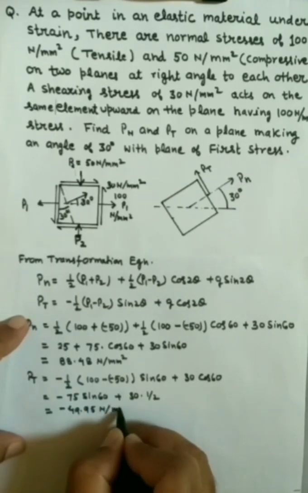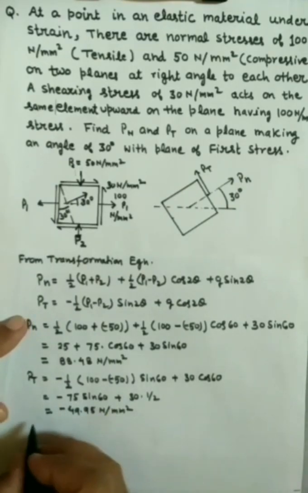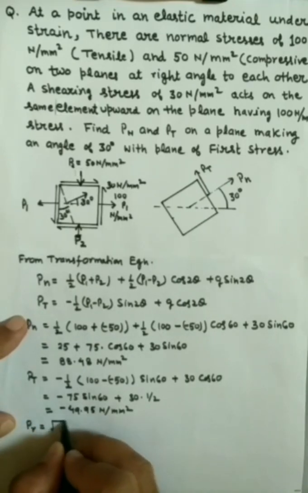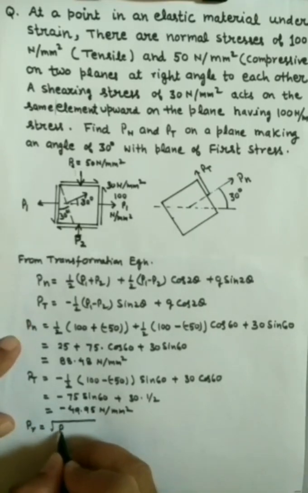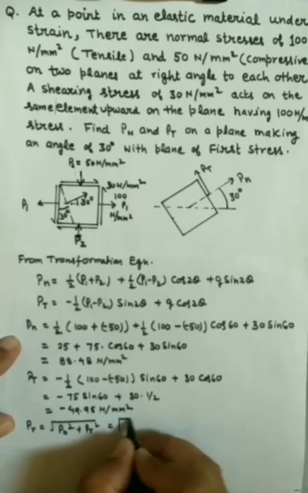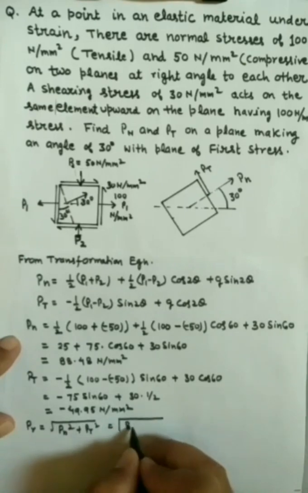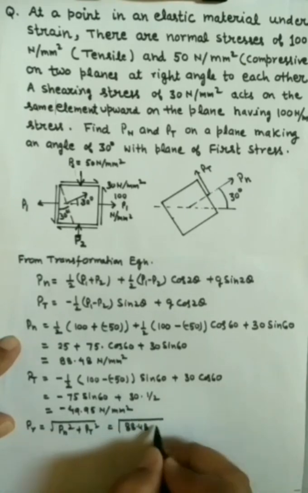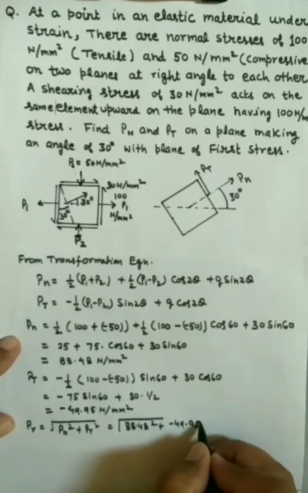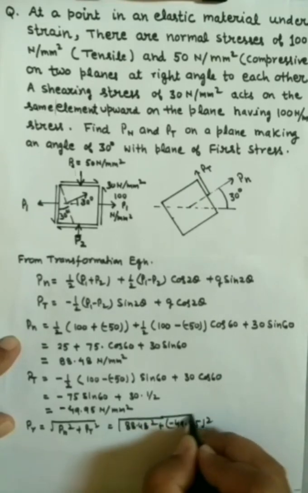The resultant PR of Pt and Pn will be equal to root Pn square plus Pt square, which is equal to root 88.48 square plus minus 49.95 square.